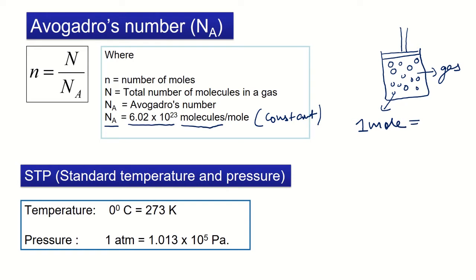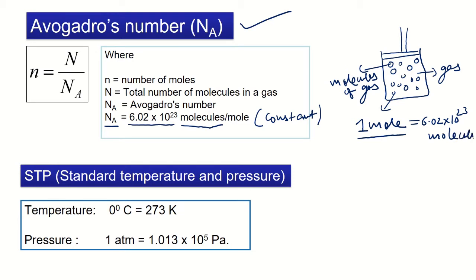So Avogadro has given some number. He told that if the gas amount is 1 mole, then in this 1 mole these are the molecules of the gas. So how many molecules are there? According to the Avogadro number, in 1 mole there are 6.02 into 10 to the power 23 molecules of any type of gas.